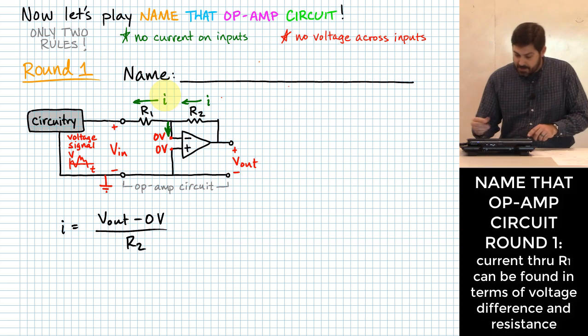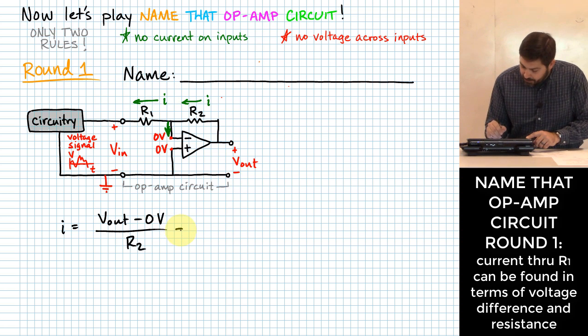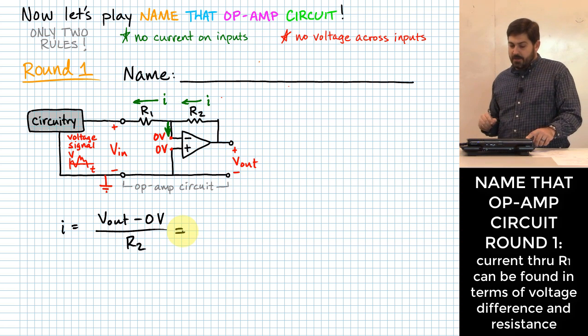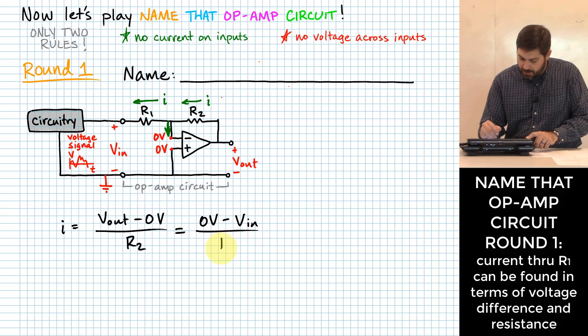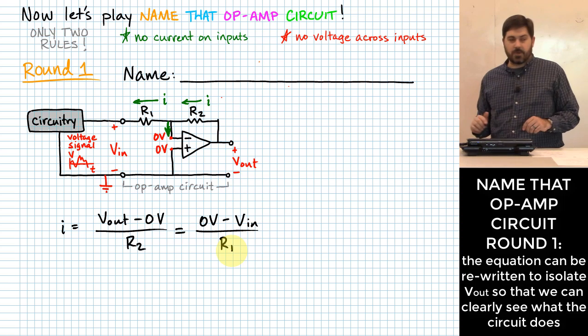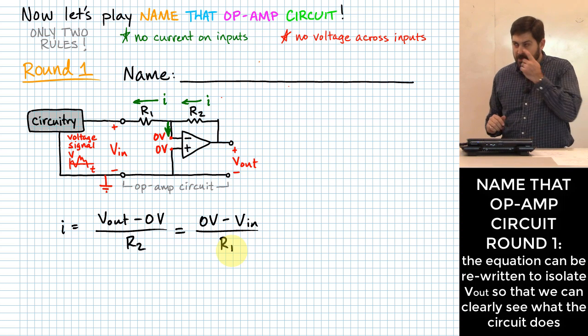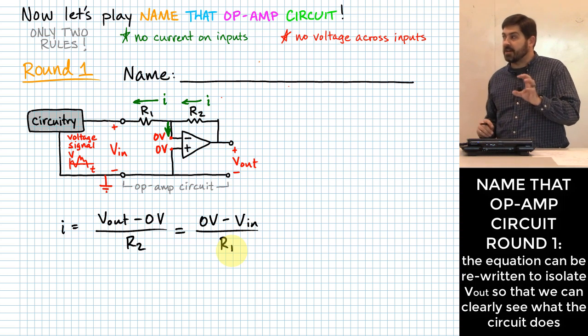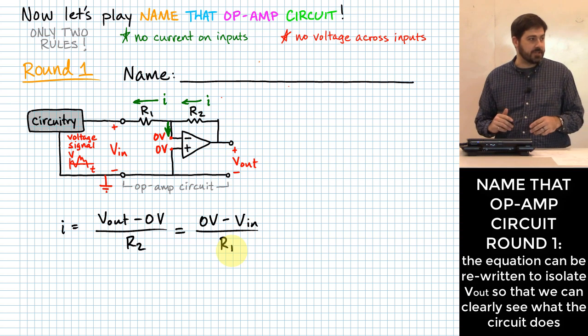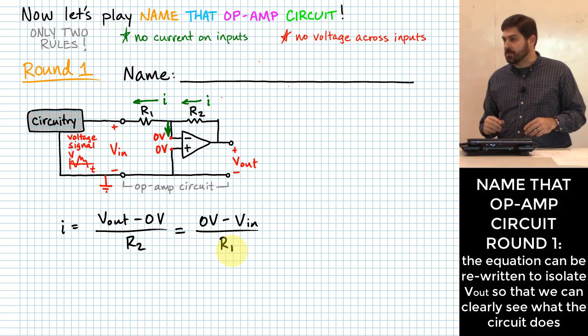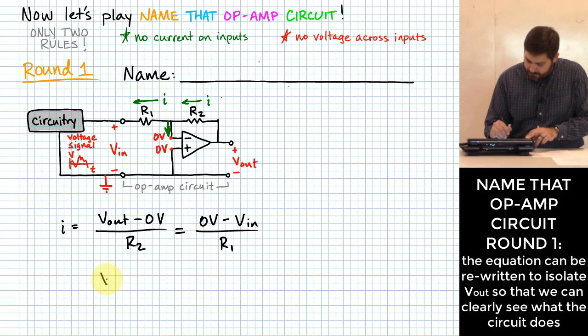right? So that means I should be able to write another expression here, and I'm going to do it this way. 0 volts minus V in over R1. Okay? Now, can I rearrange that maybe a little bit and isolate V out? Because that's probably what we're interested in, is what kind of voltage comes out of this op-amp circuit. So can I do that?